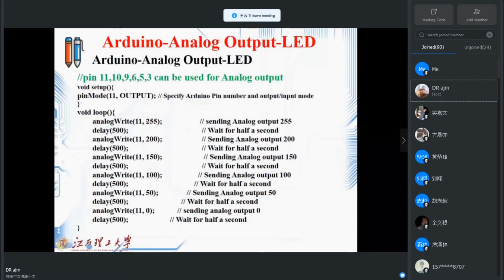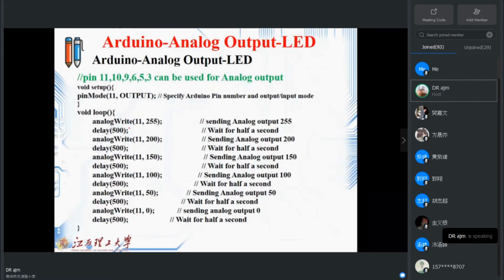One more example. Suppose I want to have different brightness in my LED. Here I show it. Suppose I connect the LED to pin number 11, and then I generate different values of light for my LED.